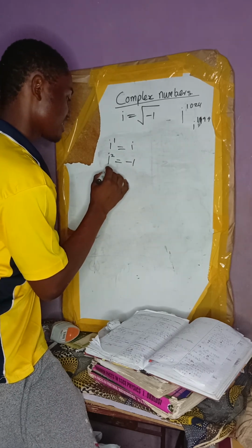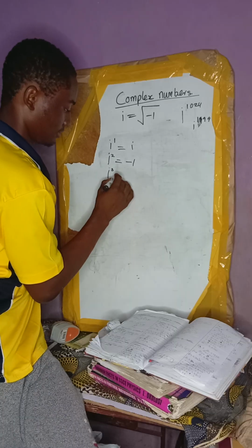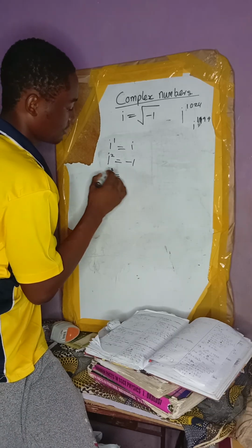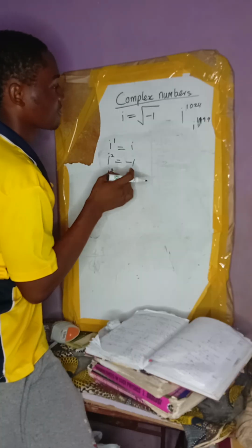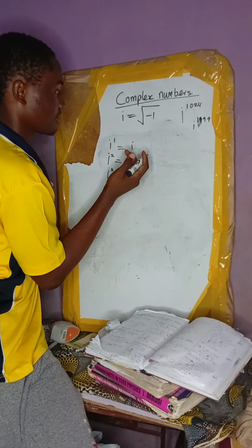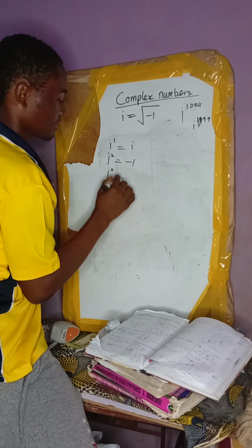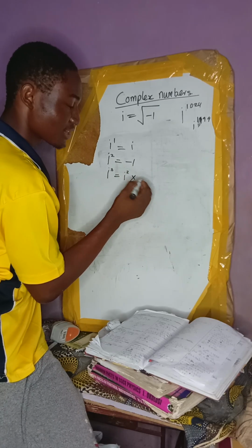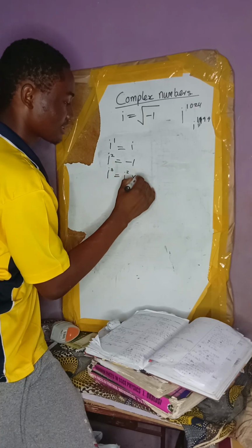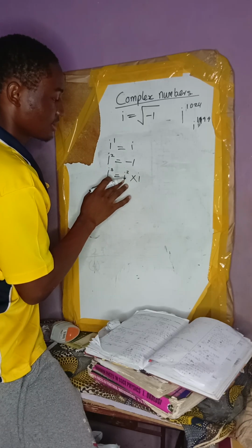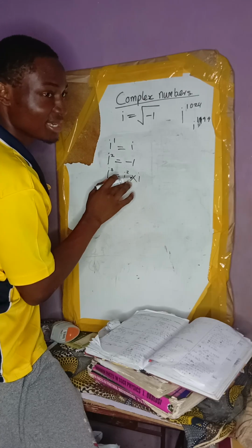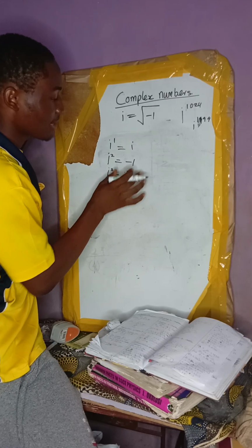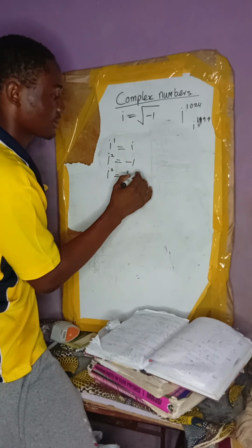So now, what is i raised to power 3, or i cubed? Now, how do you resolve this? Since the number is small, we can just bring this back. I told you that you split it into 2. We have i squared times i. From your indices, if they have the same base and it's multiplication, we can add the powers together.